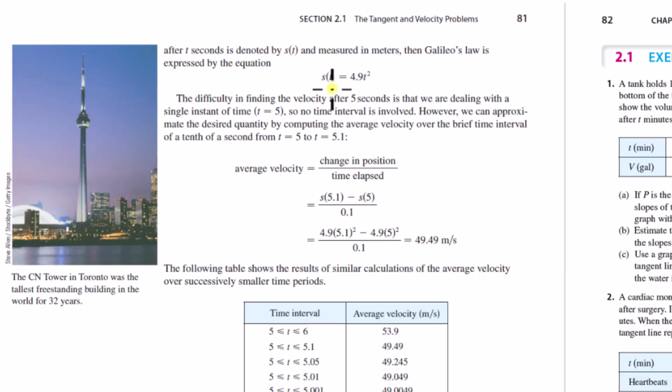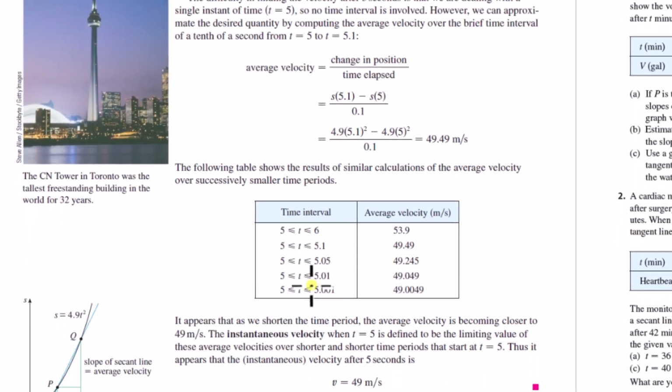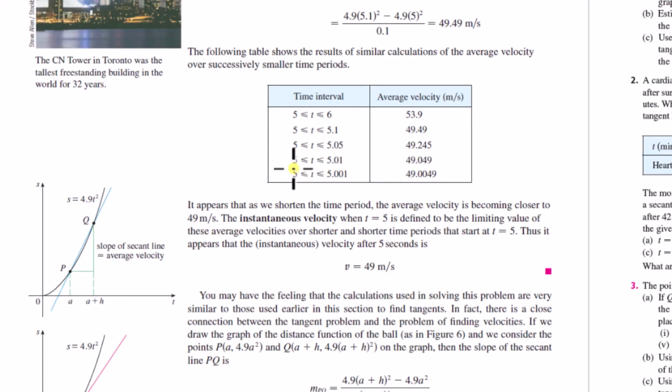Then at time t equals 5.1, what's the position? Then take that change in position and divide it by 0.1. That's a good estimate of the speed at time t equals 5. They take it even further: the position from t equals 5 to t equals 5.01, that change in position divided by 0.01, and so on.